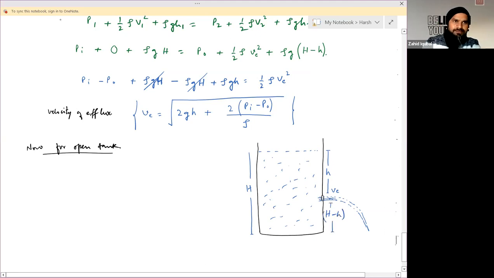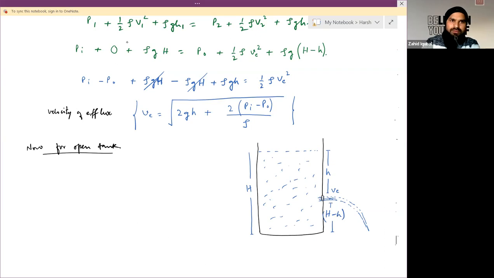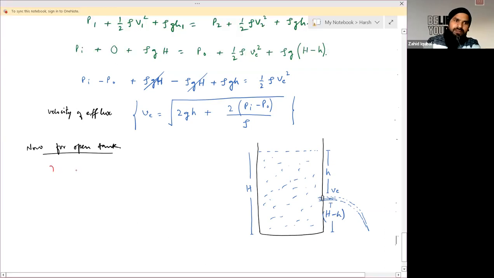So in this case, Pi will equal P naught, since this part is exposed to atmosphere and this part is also exposed to atmosphere. So Pi and P naught both become equal.